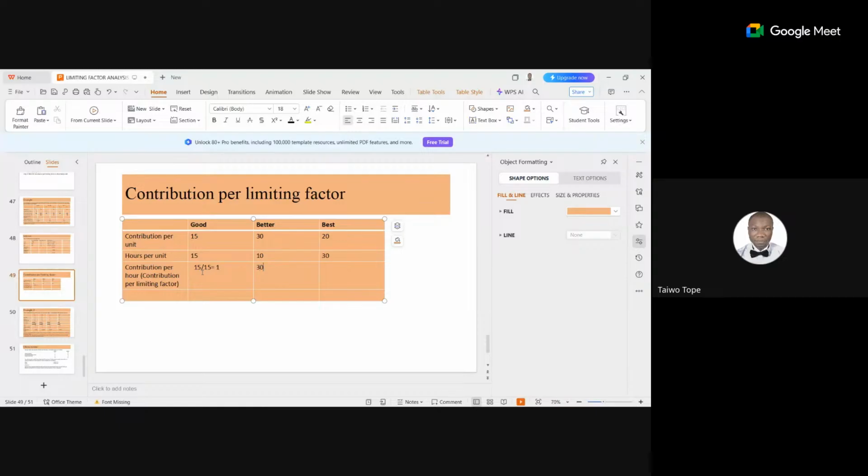This will be 30 divided by 10 equals 3. This will be 20 divided by 30, 0.67. All in naira, please.